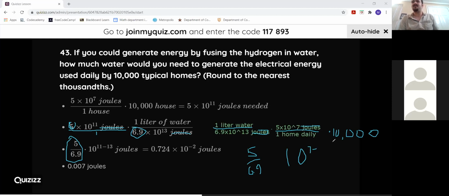I'm taking this 7, I'm subtracting that 13. And then when I multiply by this, I also have to add 4 back to here. So I'm maybe combining all those things in one step. I should probably split them up a little bit. But it's just powers of 10 that I'm accounting for here.